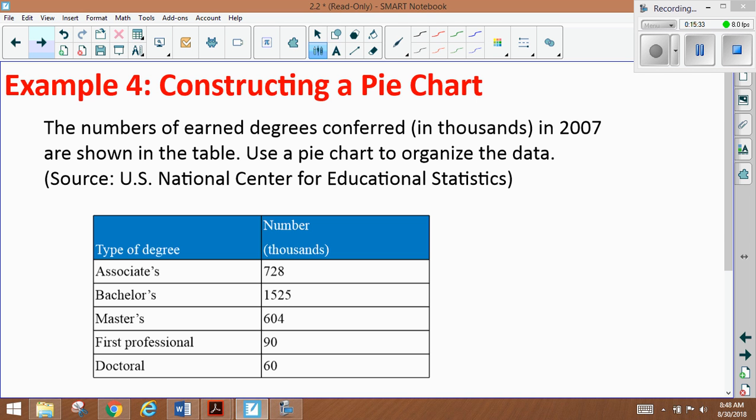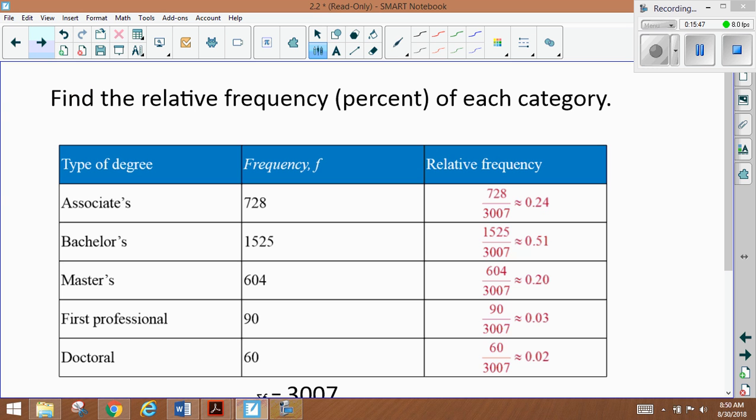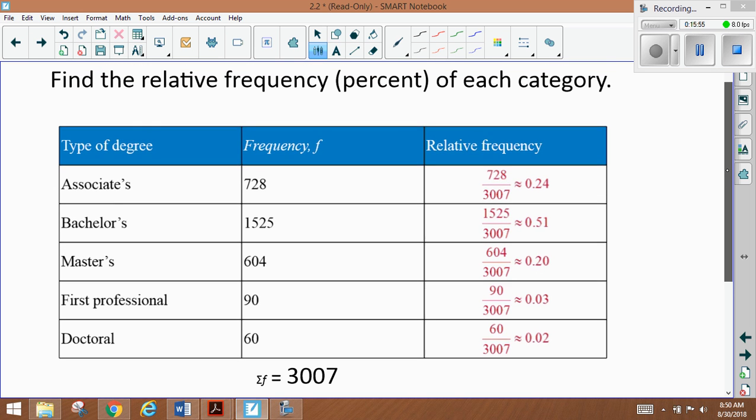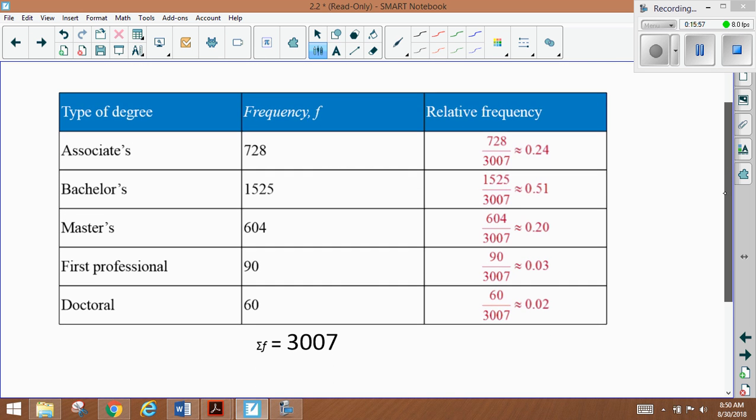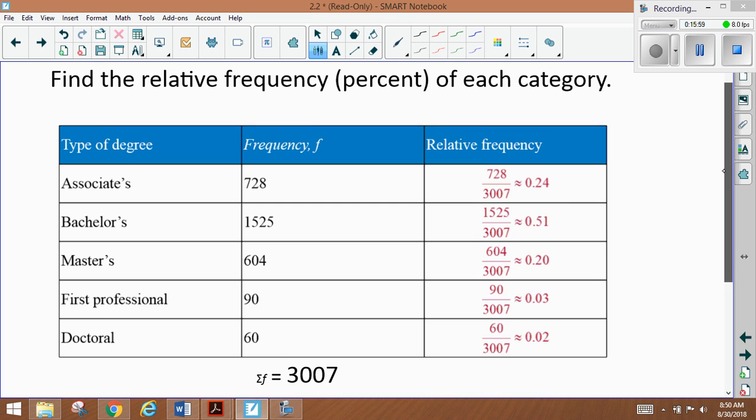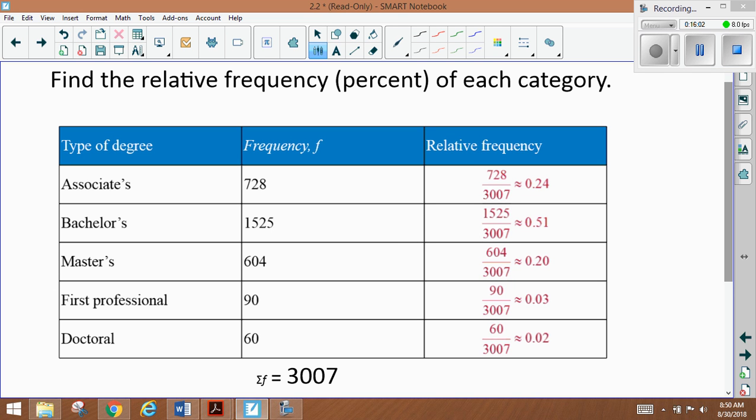Alright, so what we're going to have to do first is figure out some percentages, right? That's going to be the main amount of work that we're going to be doing here. We are going to figure out our percentages, also known as the relative frequency, by first getting a total.